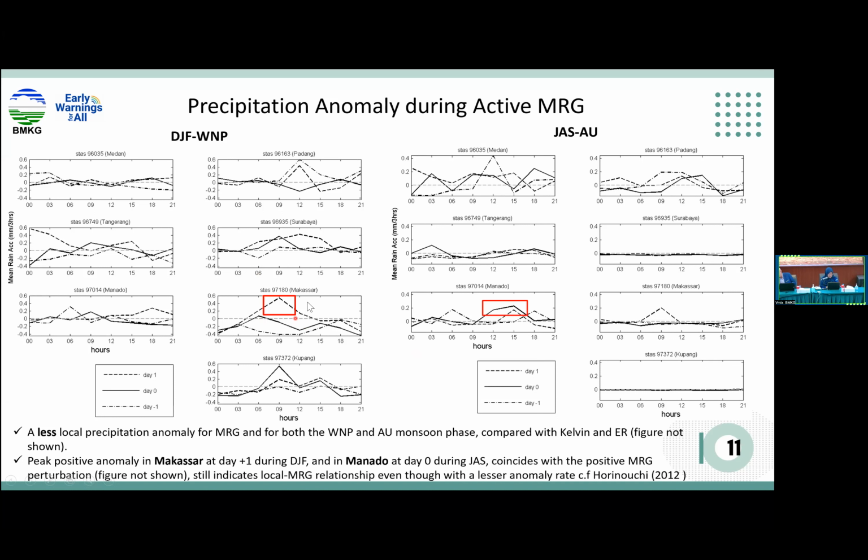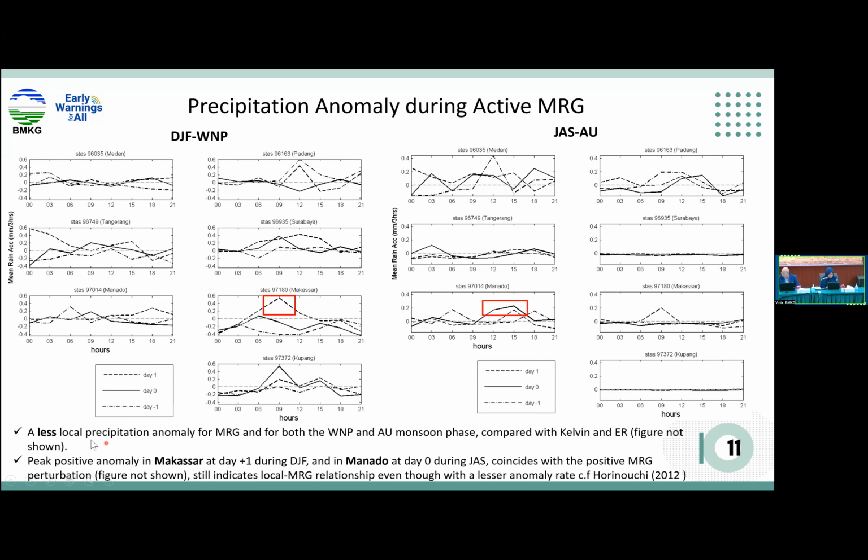The positive anomaly occurred in Makassar during the West North Pacific monsoon or ASEAN monsoon condition, or boreal winter, but it also increased the precipitation during the boreal summer.